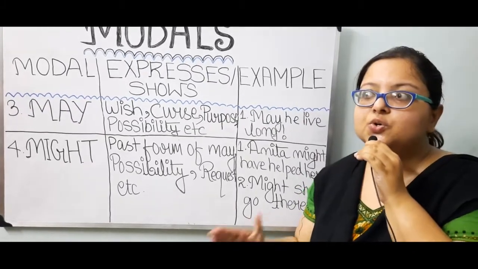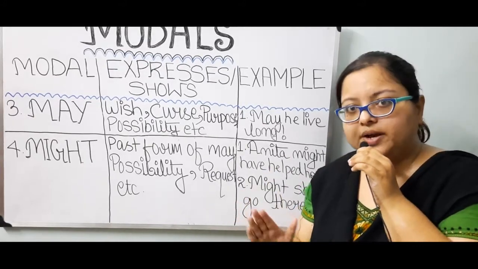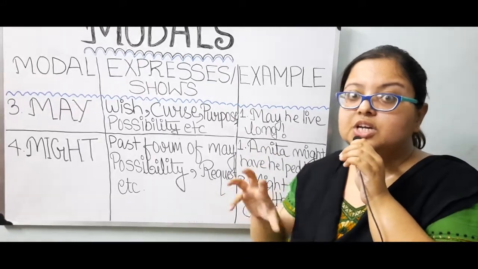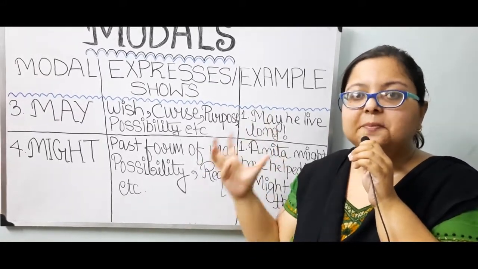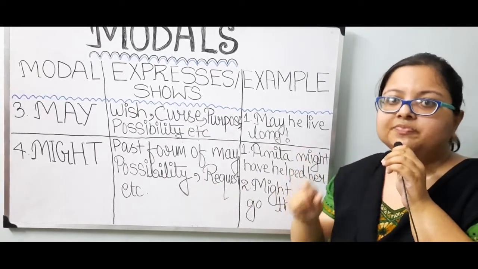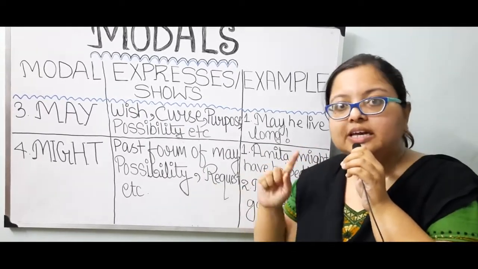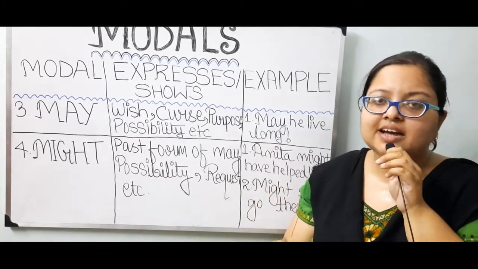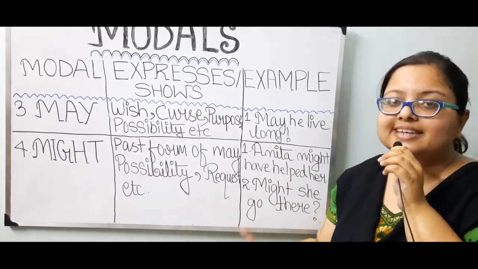Suppose she used to go there. So she used to do something in the past time, an activity that she used to do in the past. Likewise there are many other examples for the semi-modals too.